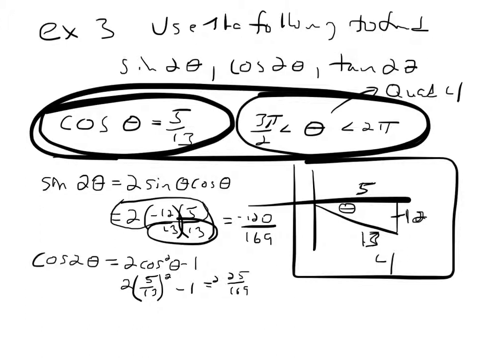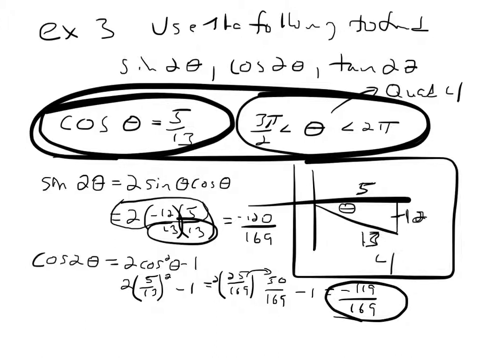I multiply by 2, and I get 50 over 169, keeping in mind I need to subtract 1. When I subtract 1 from 50 over 169, I get negative 119 over 169. So the cosine of 2 theta is negative 119 over 169. And my answer for sine of 2 theta was negative 120 over 169.